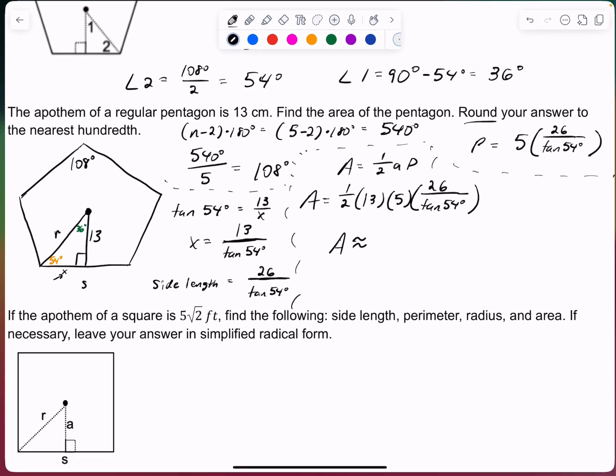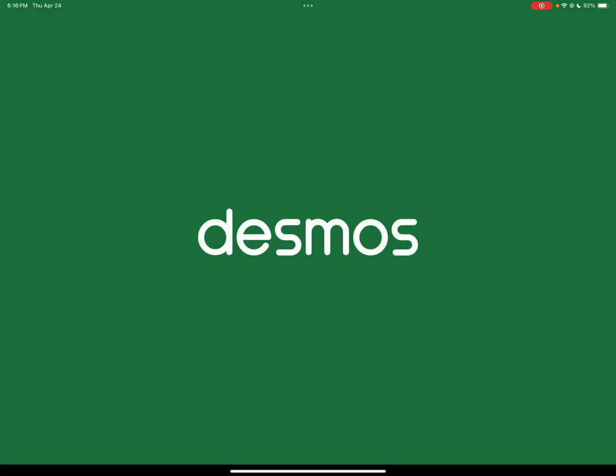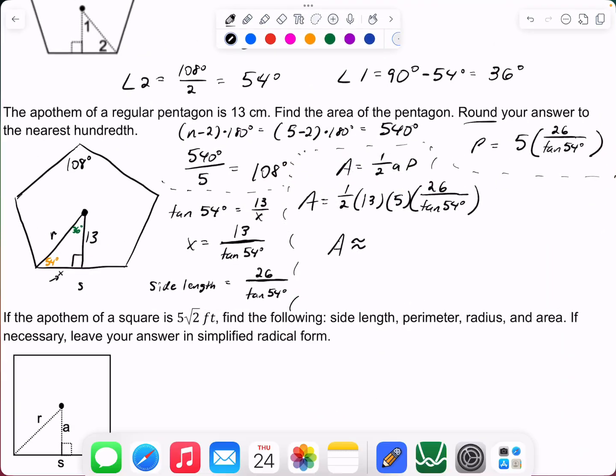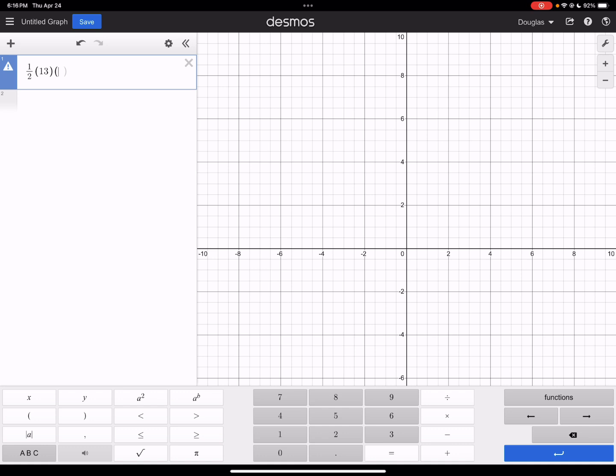Okay, so here we go. Let's type it in. So I've got 1/2, and then times, I believe it was 13. Let me check real quick. 13, yes. And then times 5. Oop, not 55.